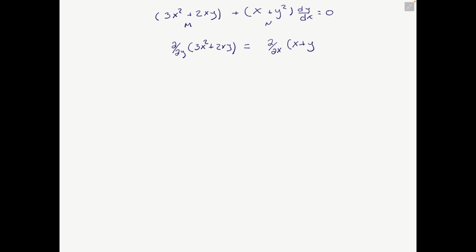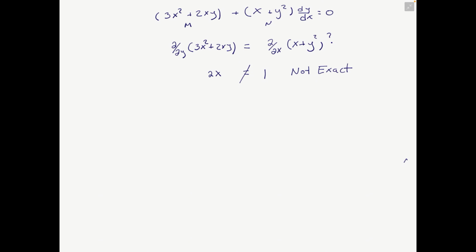So this is our M, and that's our N. If we go d/dy of 3x squared plus 2xy, is that equal to d/dx of x plus y squared?